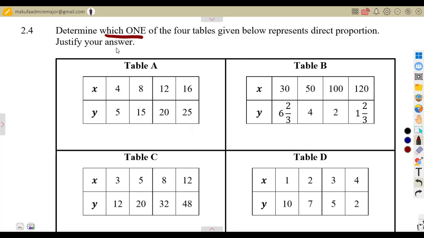Justify your answer. A direct proportion is where we have, remember, X as the input and Y as the output.